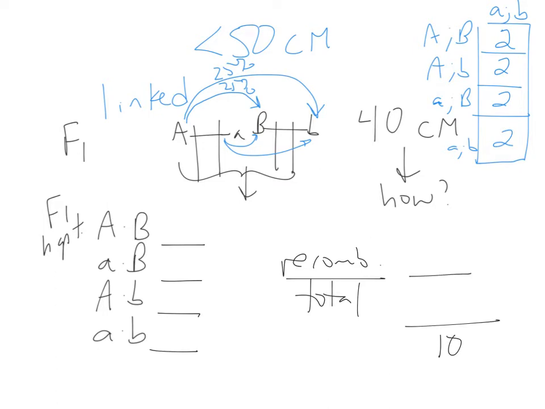Then how many recombinants did you observe if you calculated 40 centimorgans? That means that if you looked at 10 offspring, 4 of them were recombinant types, 6 were parental types, 10 total.